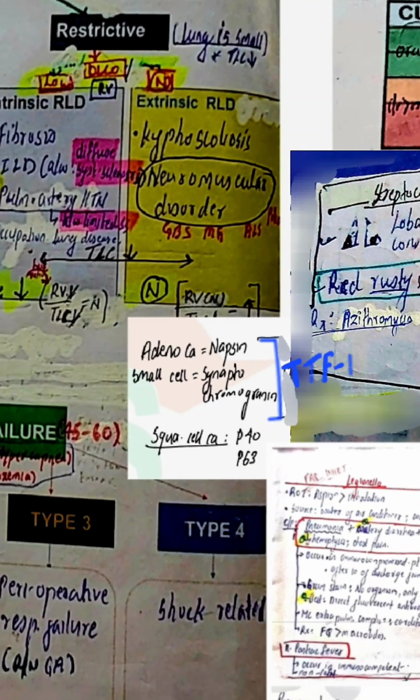So the marker of adenocarcinoma is napsin, and small cell is synaptophysin and chromogranin, and both adenocarcinoma and small cell carcinoma are TTF1, thyroid transcription factor 1, positive. Squamous cell carcinoma will have P40 and P63. Fine. So markers are also finished.